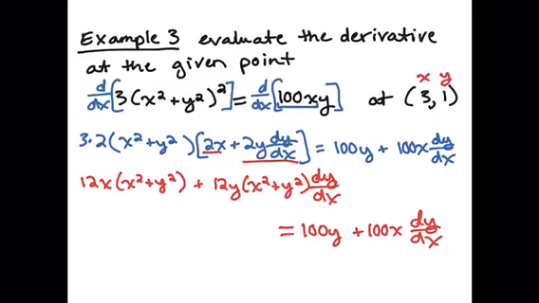I want to get them on the left-hand side of the equal sign and get the terms without dy/dx on the right-hand side. So that's my next step. I'm going to subtract this term from both sides and this term from both sides.